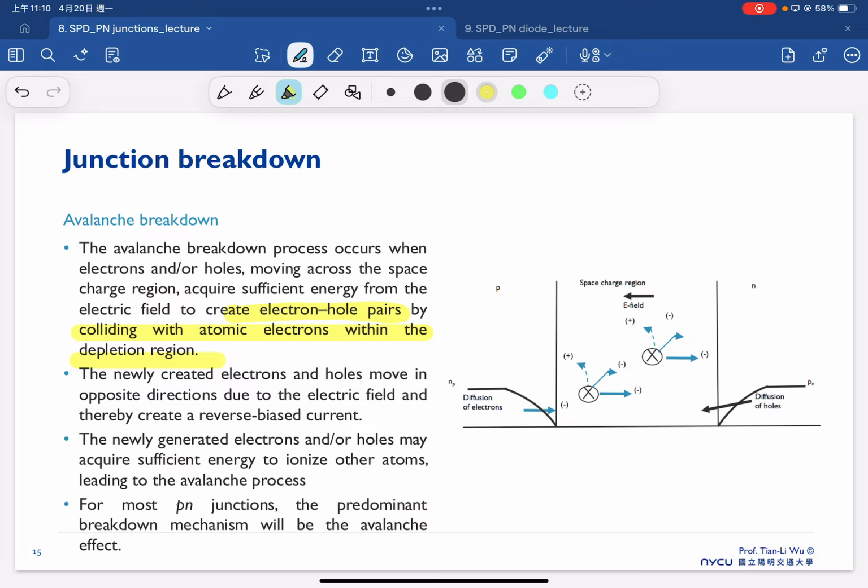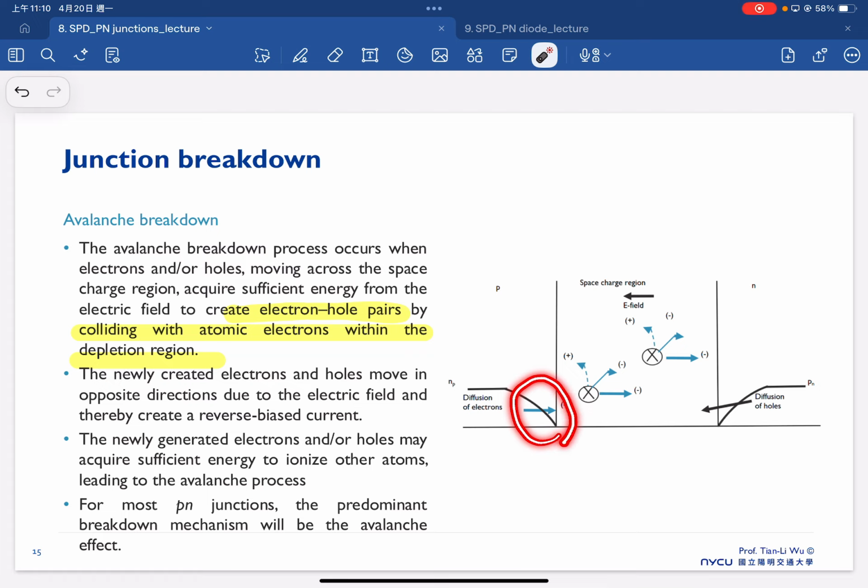So the idea is that we have the diffusion electron here, and because we apply a high bias, the electron acquires high energy.